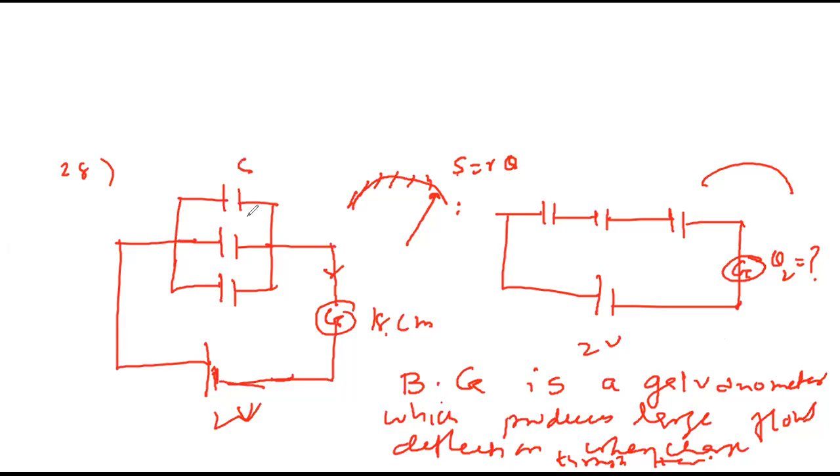So this is C, this is C, this is C. I can find the charge flowing through this because here theta is directly proportional to the charge. In a ballistic galvanometer, deflection is directly proportional to charge flow.